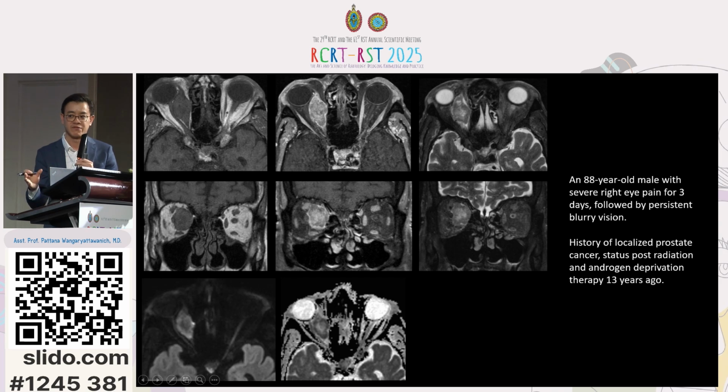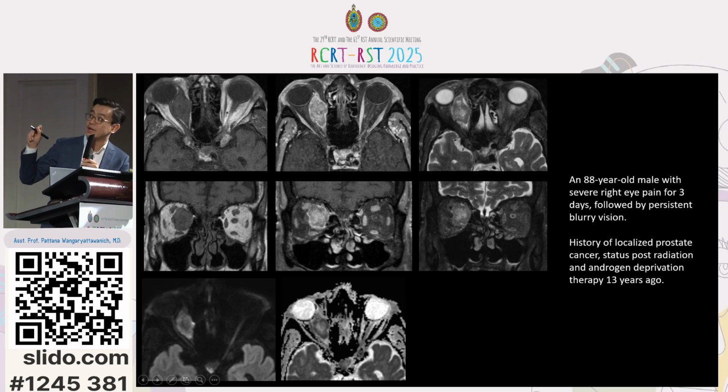On the full workup, they didn't see any evidence of distant metastasis or any regional lymphadenopathy. So he got treated with prostatectomy, followed by radiation to the prostate gland. And then just 13 years later, he presented to the ED because of severe right eye pain for 3 days. And then he started to have some visual change.